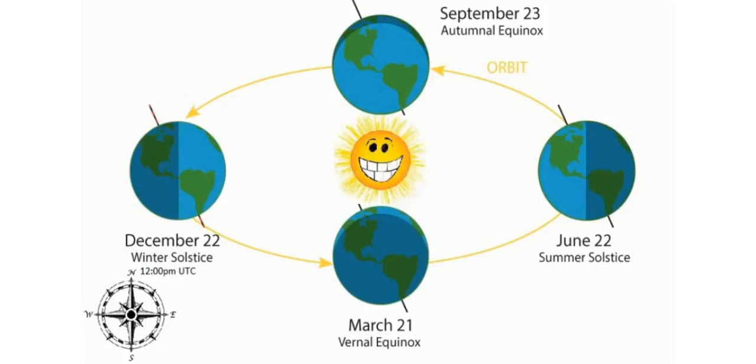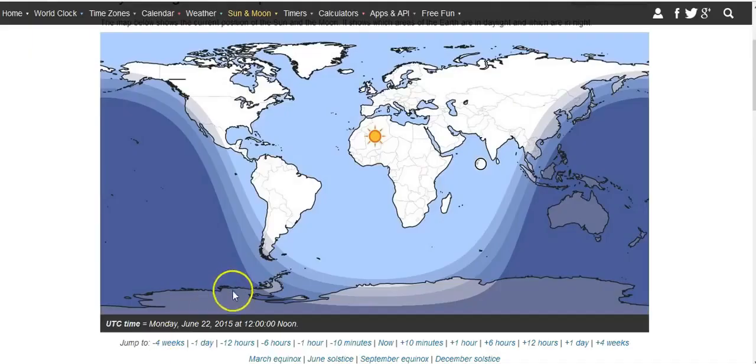If it's 12 noon Universal Time over here, it should be 12 noon Universal Time over here too, except for Africa is facing space. So it's like Africa is at midnight, and it's not facing the sun. But what we observe on June 22nd at 12 noon is Africa is facing the sun.